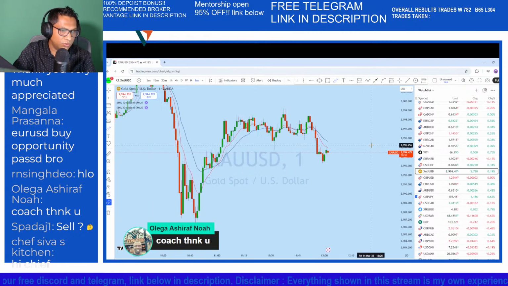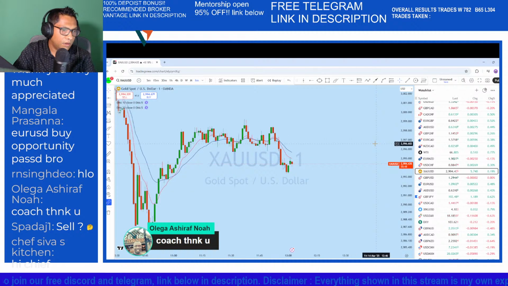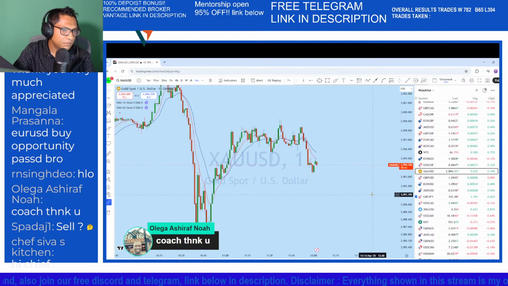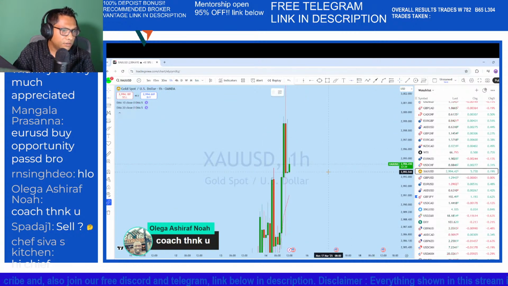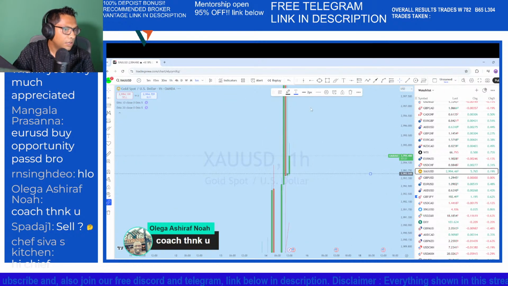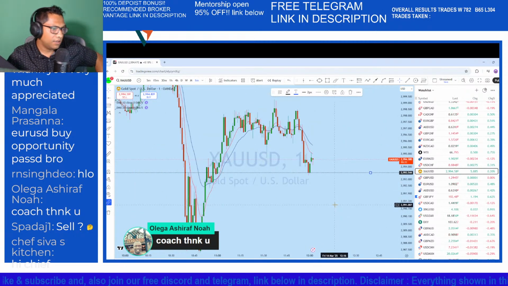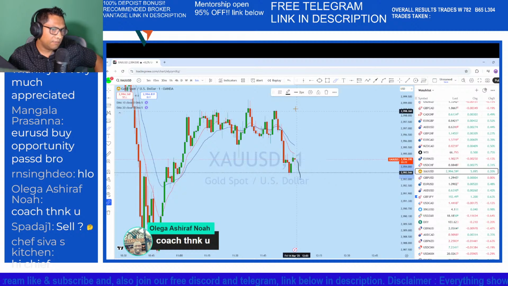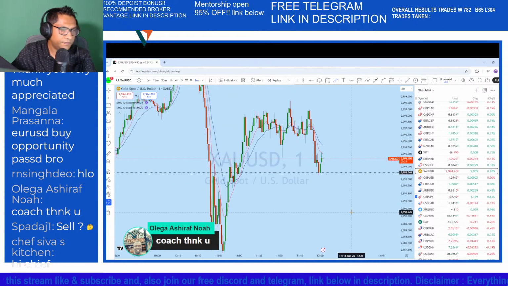Okay, so this is what we will look to see. This is the 1 hour support here, which is a very important level of support. And from that 1 hour support, we may see the market coming here, breaking below, and then trending in that direction.